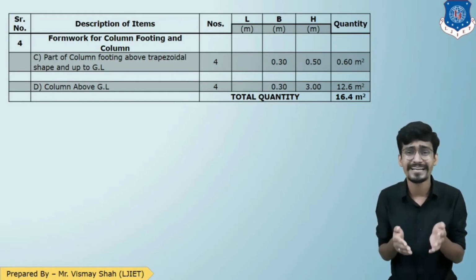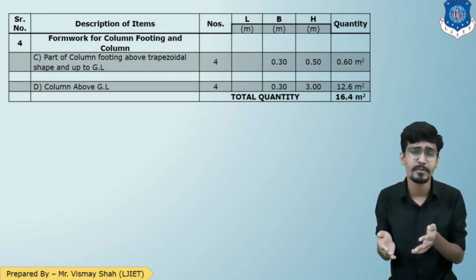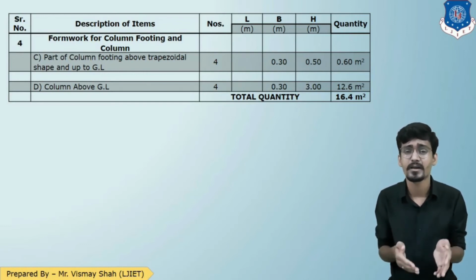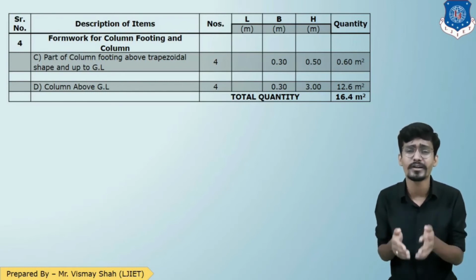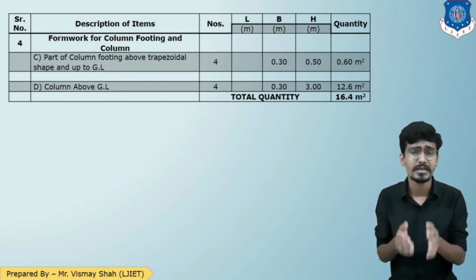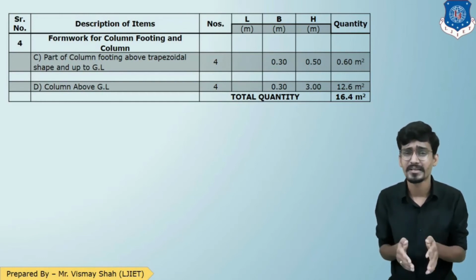So we'll get the quantity as 0.60 meter square. Now the last portion is above the ground level. Above the ground level, the height is 3 meter and the width is 0.3. So we'll get the quantity again as 12.6 meter square. So total formwork quantity will be 16.4 meter square. So I hope we are clear up to this point.